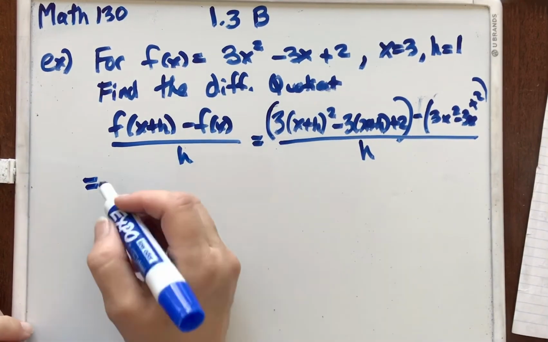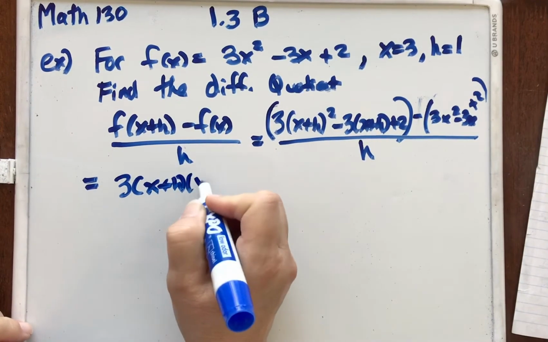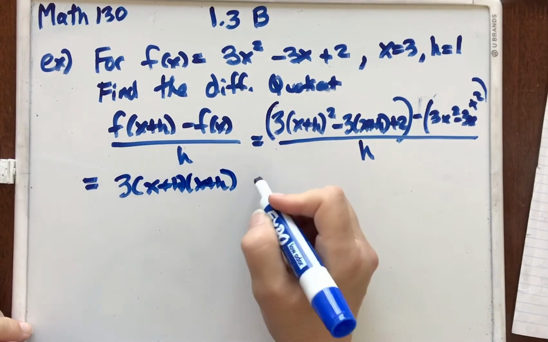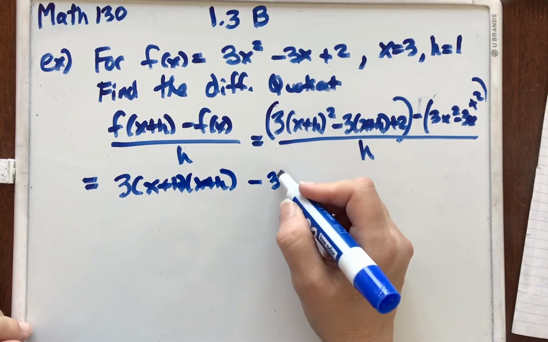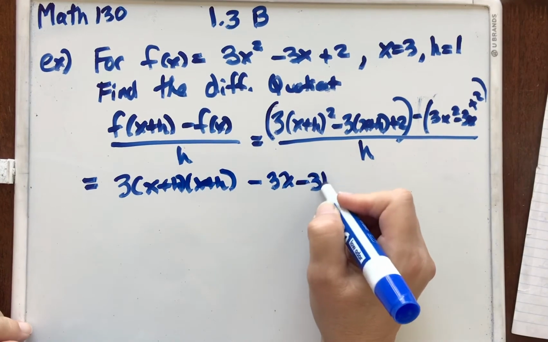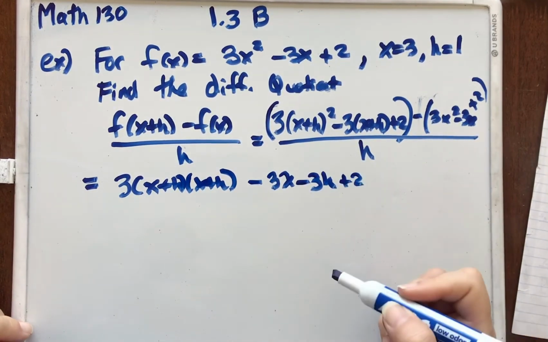All right, so this becomes 3 times x plus h times x plus h minus 3 times, so we're going to distribute, 3x minus 3h. We distribute that negative 3 in there, plus 2.